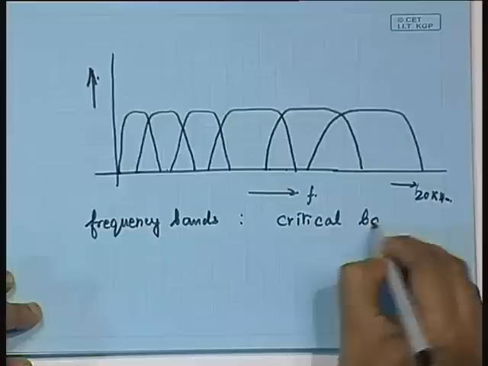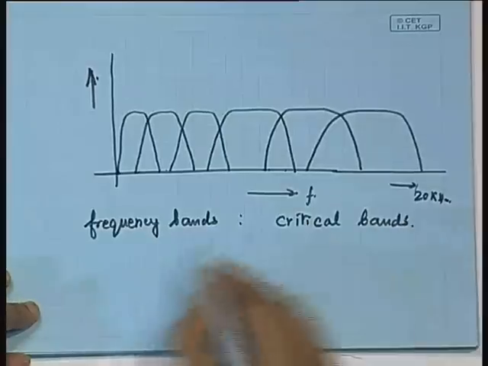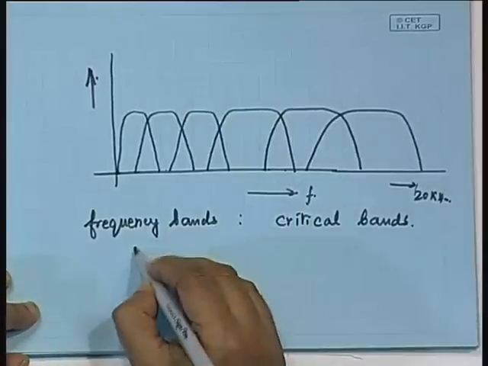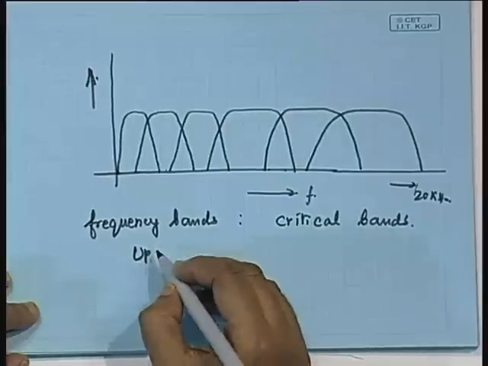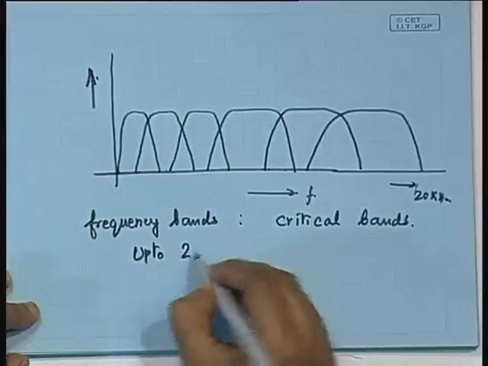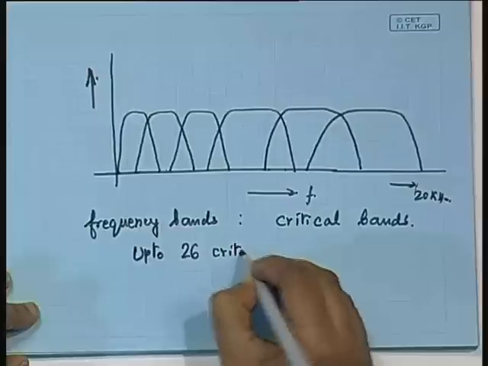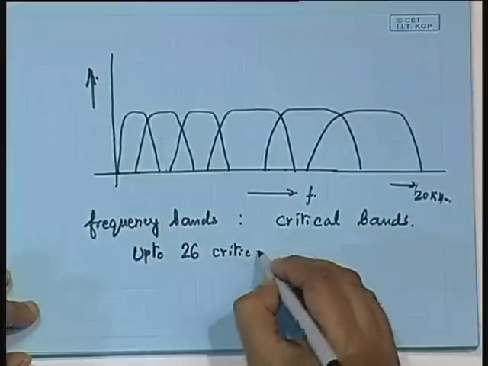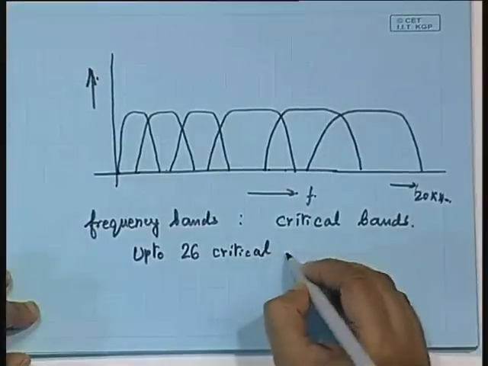These frequency bands are known as the critical bands, and up to 26 such critical bands, with a frequency range of 24 kilohertz, are considered.